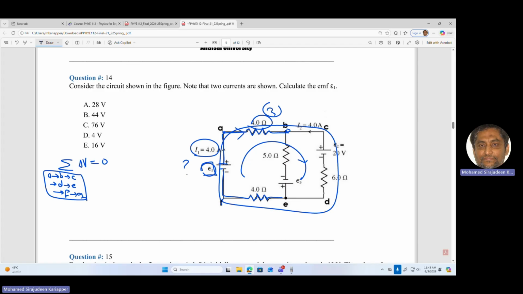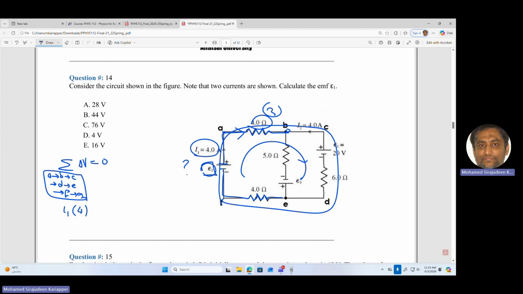That means here it will be going like this. You are also going from A to B. So it will be I1 times 4. They don't have a label for that resistor, not 40, 4. Sorry. I1 times 4. All right. But here you have to pause, right?